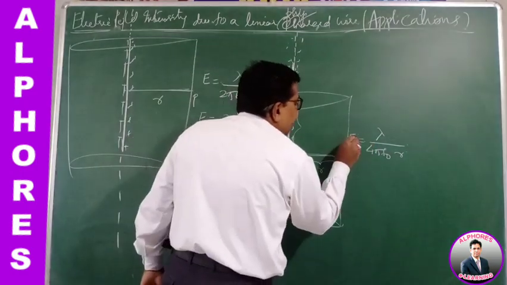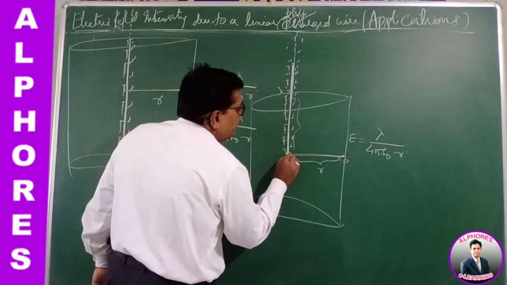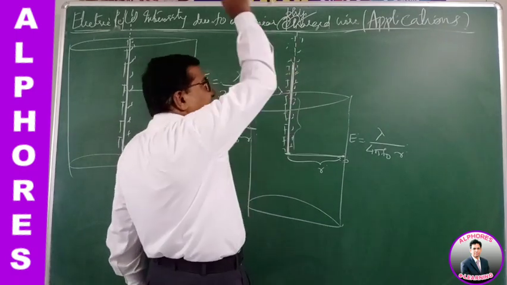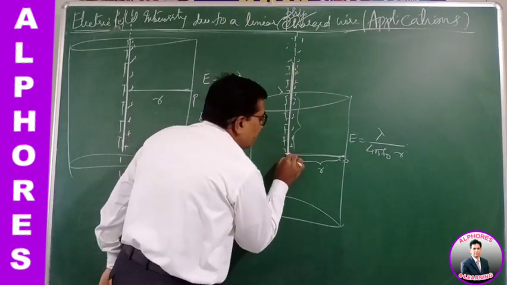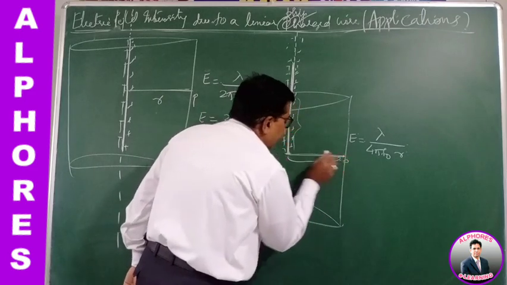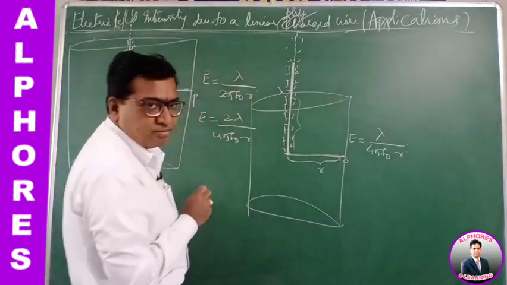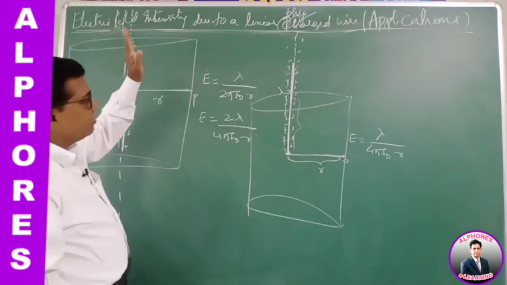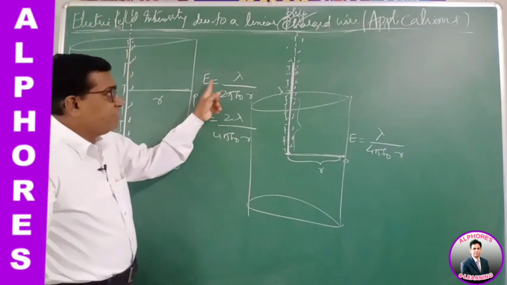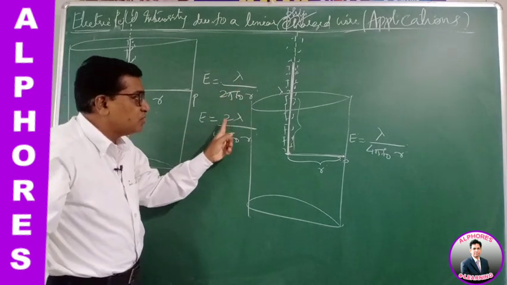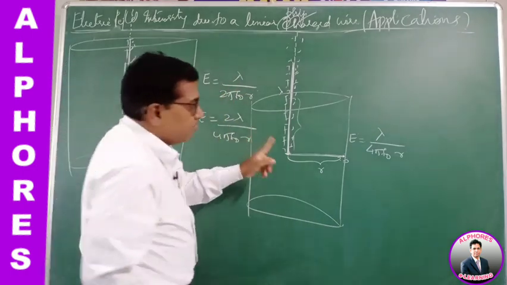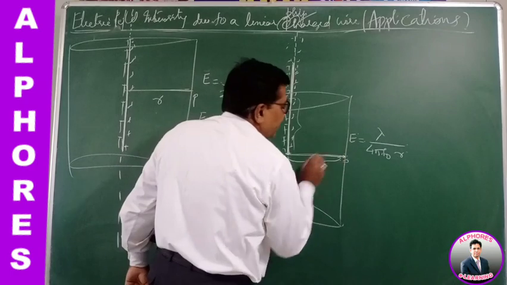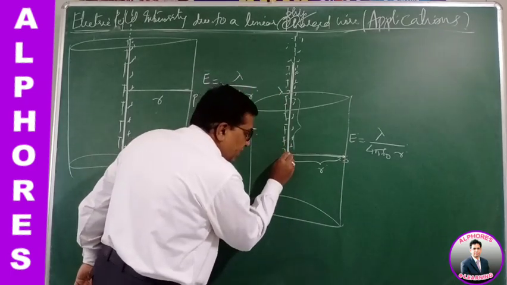So the electric field due to a one-sided infinitely long charged conductor, at a point at a perpendicular distance r at the lower end of the conductor. Here it is extending up to infinity on both sides. Then the field is lambda by 2 pi epsilon naught r, or 2 lambda by 4 pi epsilon naught r. But here the field is at a point at the lower end of the conductor.